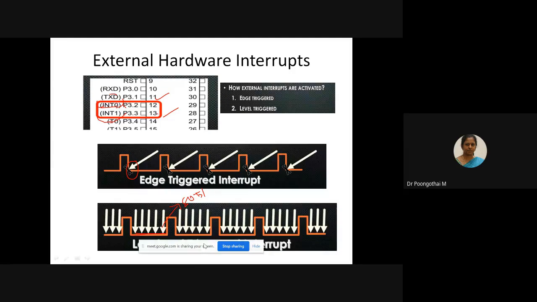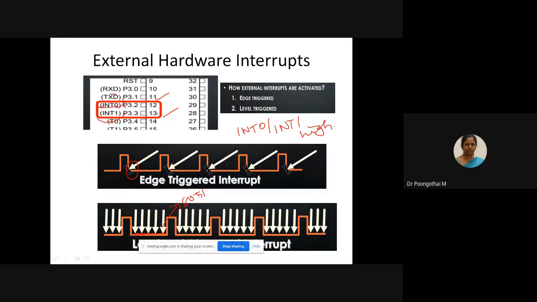So the important point is here. The default mode, that is upon reset, your 8051 accepts only level trigger. Normally your INT0 and INT1 are normally high.